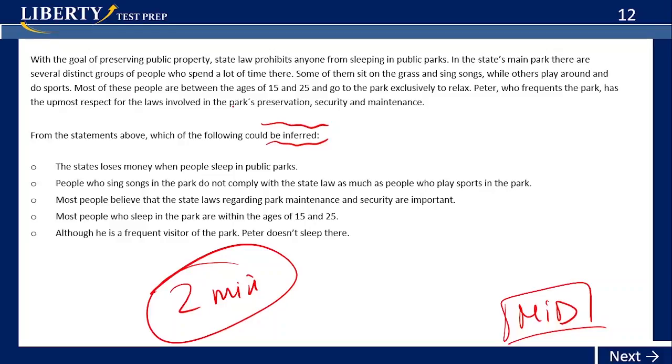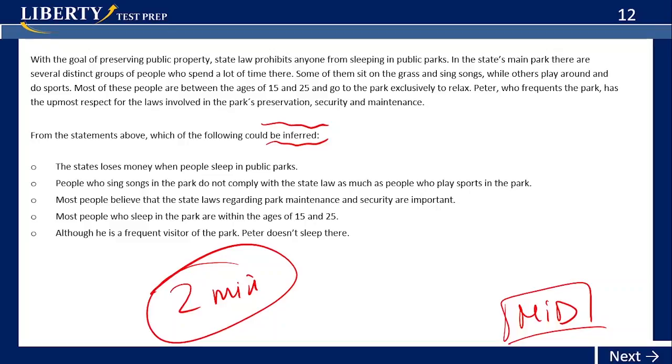Most of these people are between the ages of 15 and 25 and go to the park exclusively to relax. Peter, who frequents the park, has the utmost respect for the laws involved in the park's preservation, security, and maintenance. Okay, so that's the argument.